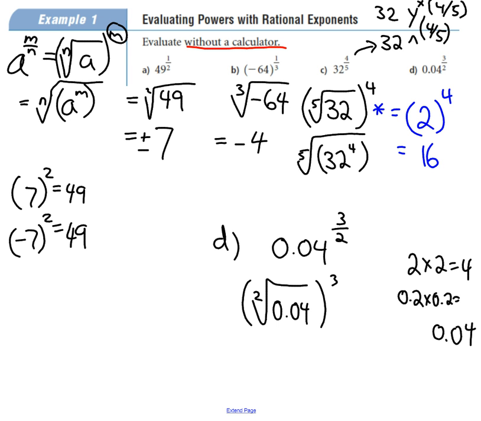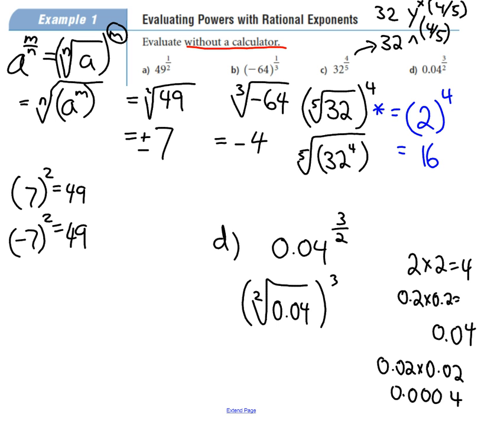0.02 times 0.02 would also end in 4, but in that case, it would have three zeros before the 4. It would be like taking 4 and multiplying it by 100th and 100th again. So you should not need a calculator for that.